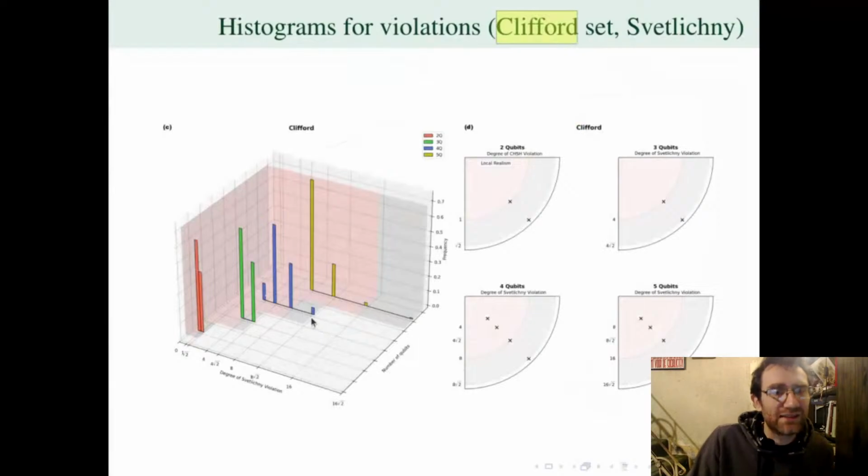And what is interesting is that you can obtain maximal non-locality violation, but you cannot obtain all possible values of violation. The violation values are concentrated in some particular points.